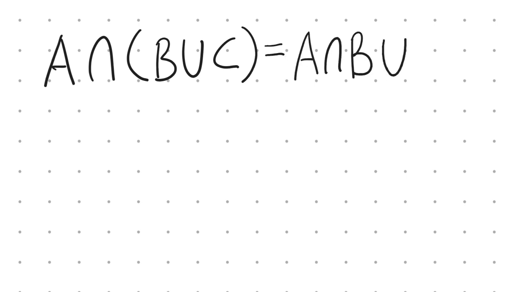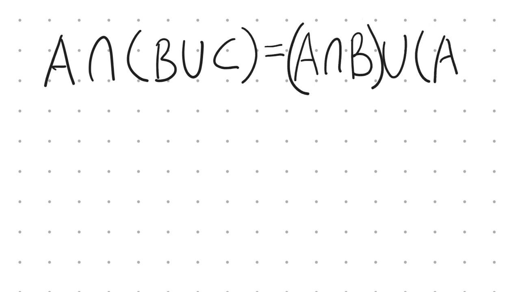for the associativity rule. Now the last rule is the very difficult rule, which is the distributive rule, which states that if we have A, it's a mix of intersection and union. If we have A intersecting with B union with C, it means that we have A intersecting B, union with A intersecting C. Now, this is a bit difficult, okay?